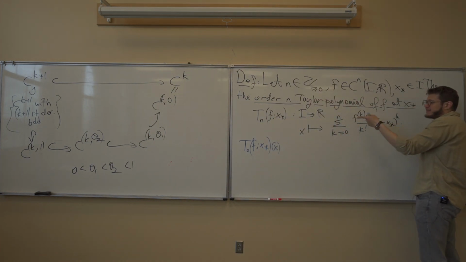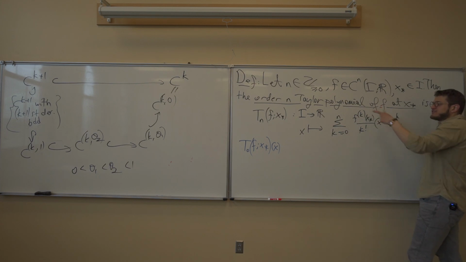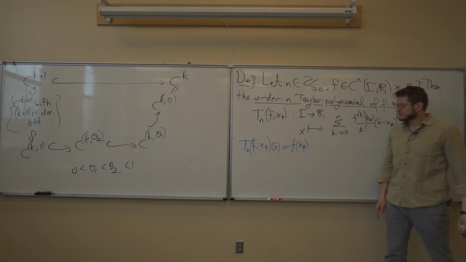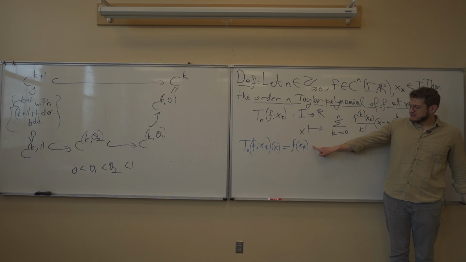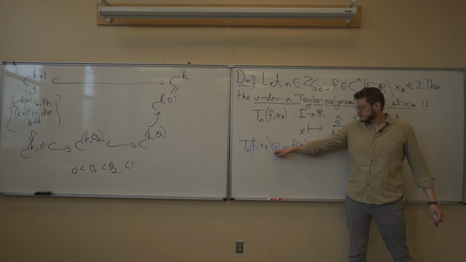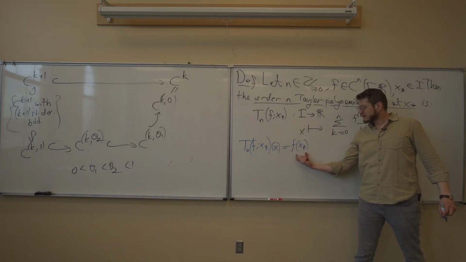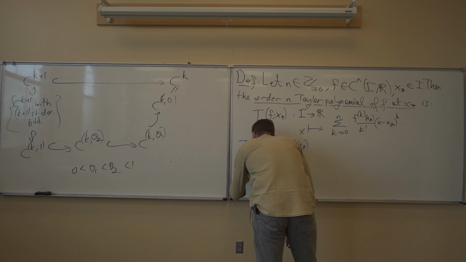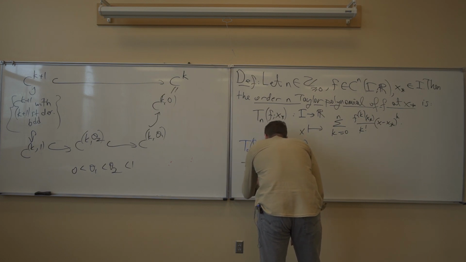That means that I only have k equals 0 here. The zeroth derivative of a function is just the function itself. 0 factorial is 1. This to the power 0 is 1 as well. So this is nothing but f of x star. Now this is a constant polynomial. The variable is x. I fixed x star. This is a constant polynomial. What is T sub 1, the Taylor polynomial of order 1?